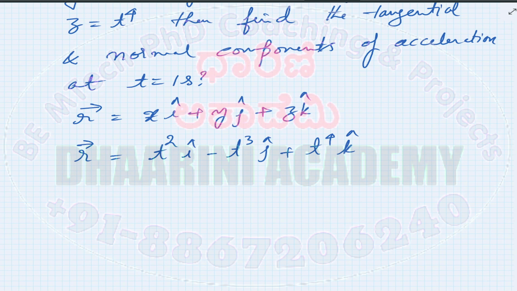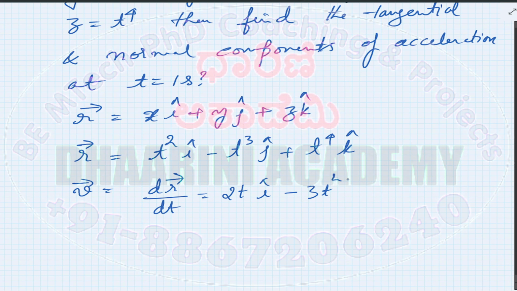Okay. Now what we can find from this? I can directly find the velocity by simply differentiating, that is dr by dt. So differentiate this. There is a t square, so t square becomes 2t. 2t into i cap minus 3t square into j cap plus 4 times t cube into k cap.